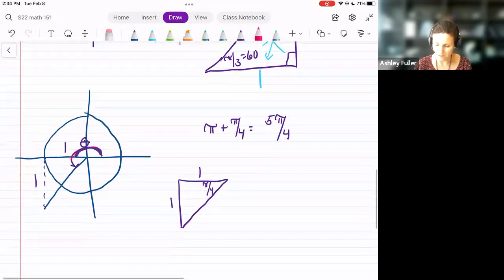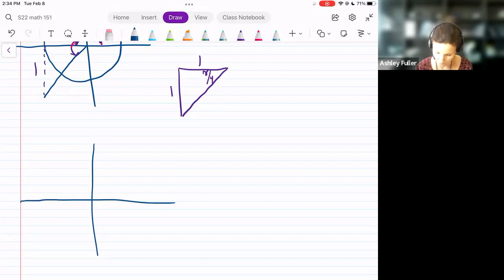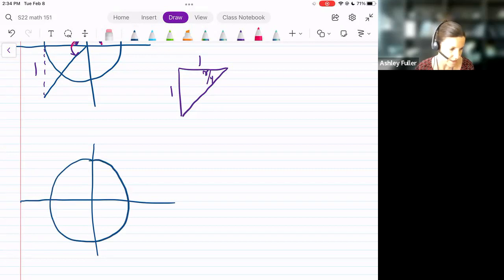Don't forget that angles can go around over the amount of 2 pi. So for example, if I have my unit circle here, and let's suppose that I start here and I travel around and back, where this is my angle.